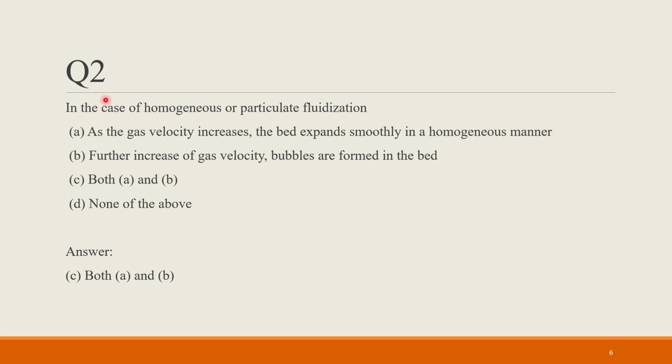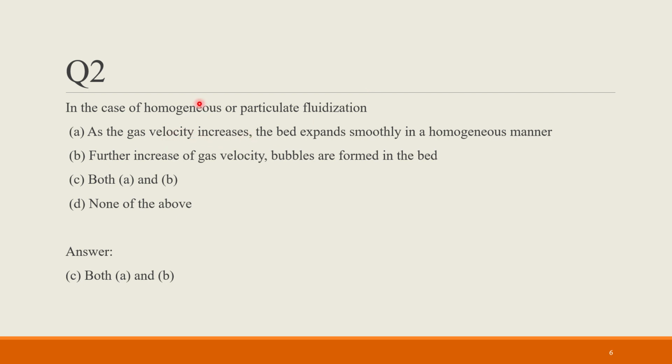How is it so? They are given that it is a particulate fluidization or homogeneous fluidization. So in those cases, as the gas velocity increases, the bed expands smoothly. What is the property of particulate fluidization or homogeneous fluidization? It is a smooth fluidization, unlike the formation of bubbles in heterogeneous fluidization.